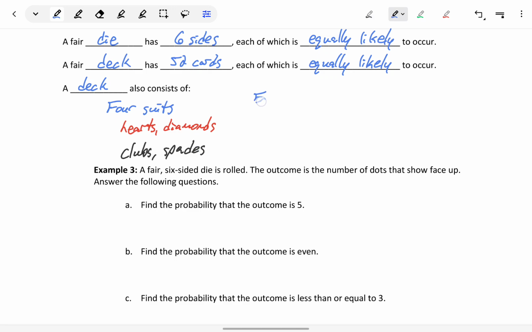And then each suit has 3 face cards, which are the Jack, Queen, and King.